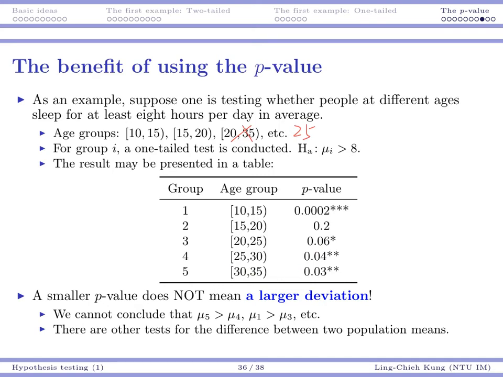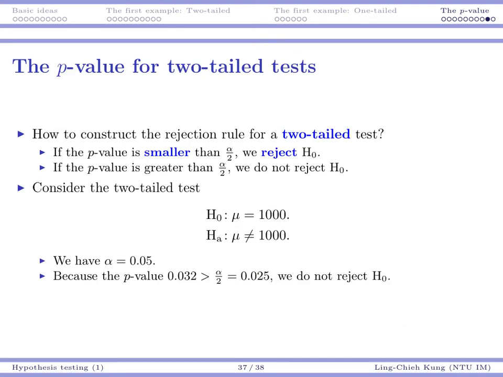That makes no sense. When we have p-values for a two-tailed test, then we don't have a direction in the null hypothesis or in the alternative hypothesis. So now the p-value depends on x bar and mu. If your x bar is at the left-hand side of mu, then we define the p-value as the left tail probability. Otherwise, it's the right tail probability.